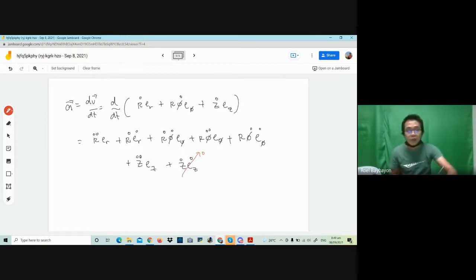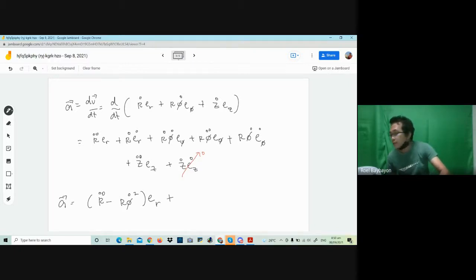You can write ER dot as phi dot E phi, and so you can reduce this into this expression: R double dot minus R phi dot squared times ER, plus 2 R dot phi dot plus R phi double dot times E phi, plus the last one, Z double dot EZ.